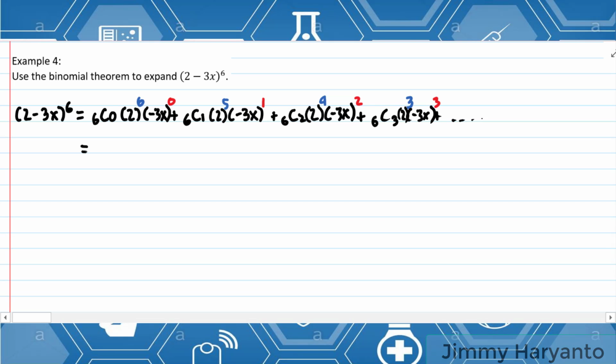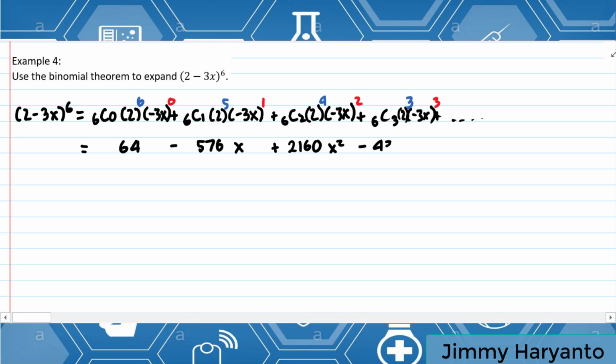This one will be 2 to the power of 6, which is 64, minus 6 times 3 times 2 to the power of 5, which is 576x, and this one is plus 6c2 times 2 to the power of 4, and then times again 9, which is 2160 x squared.